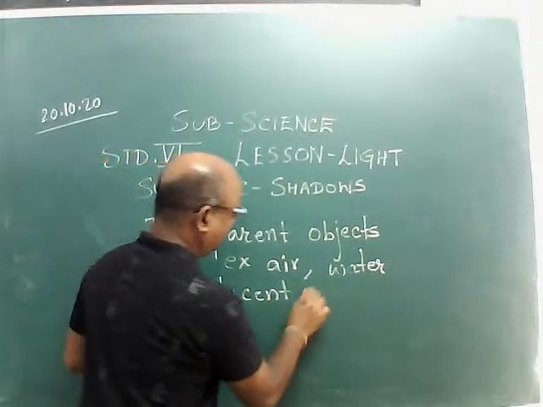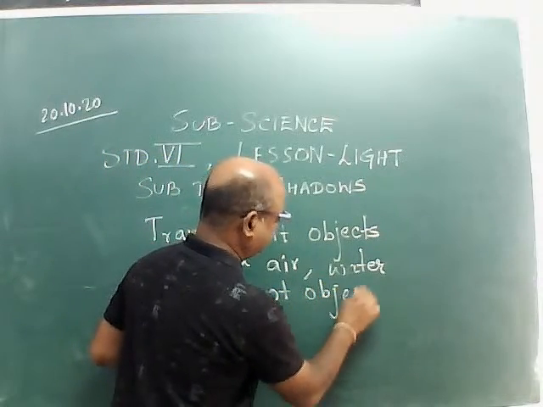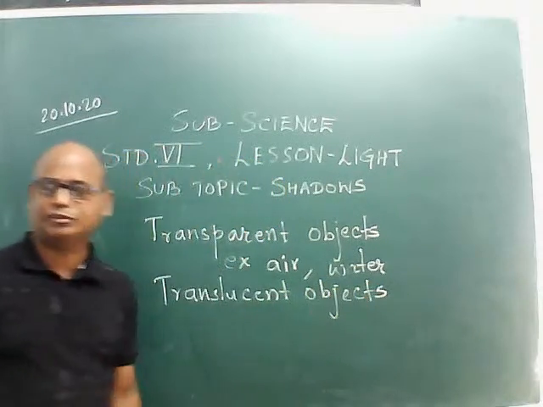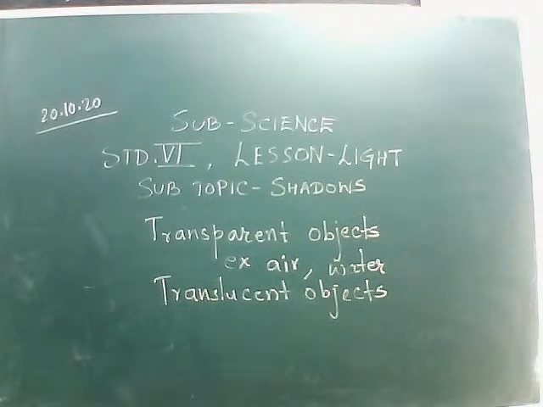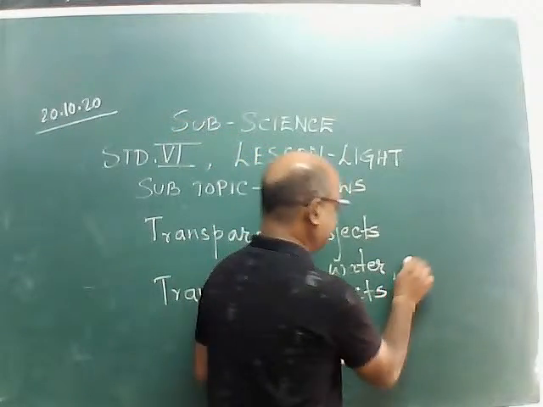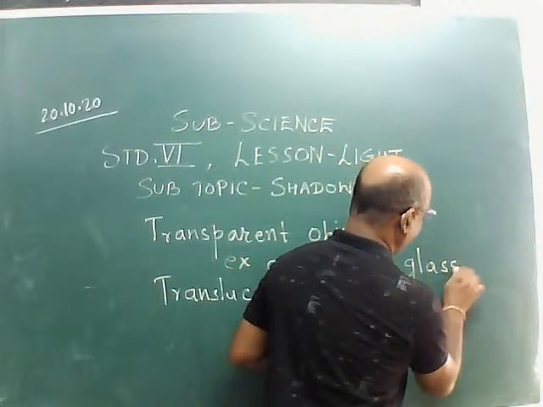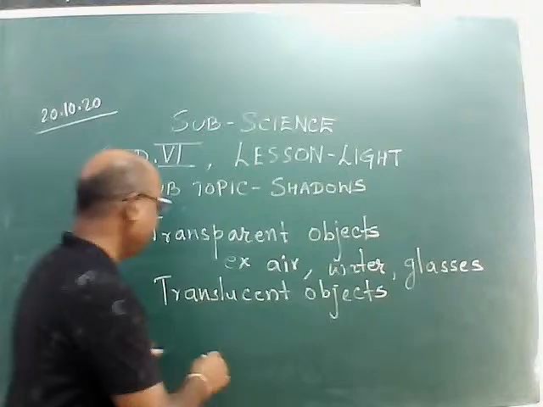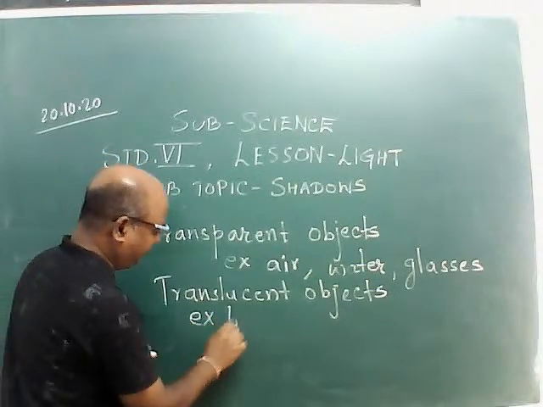Then what are translucent objects? Bidwai gave a very correct example: butter paper. Very good, beta. Kalapati gave a correct example for transparent objects, glasses.